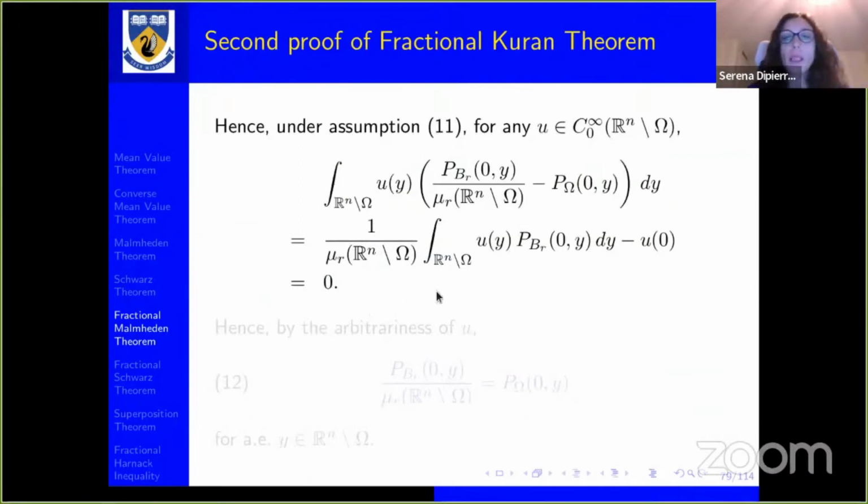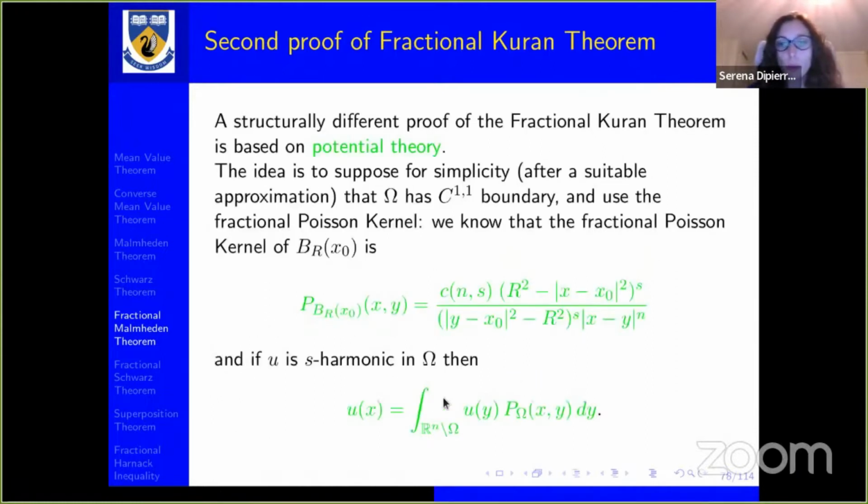And so at the end of the day, if I look at the integral over R^n minus omega of u multiplied by the Poisson kernel of the ball, rescaled by the measure, minus the Poisson kernel of omega, well, this is essentially equal to, okay, so here I take 1 divided by the measure outside, and this is the integral of u against the Poisson kernel in B_R, and then this is equal to u of 0. This is what we just wrote here.